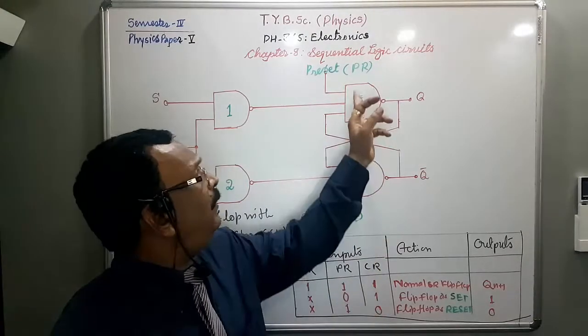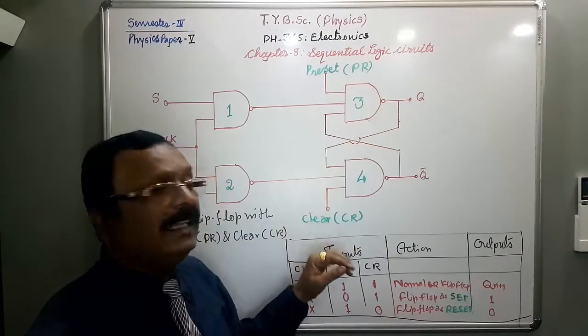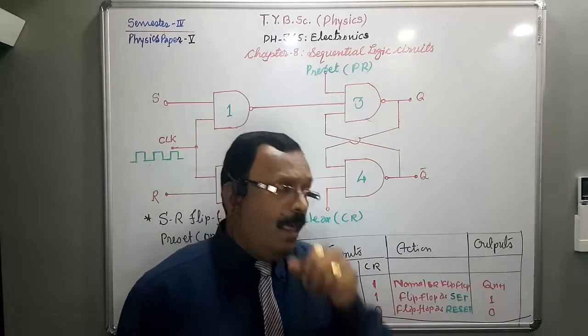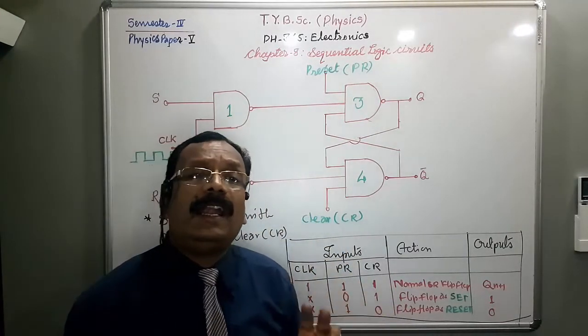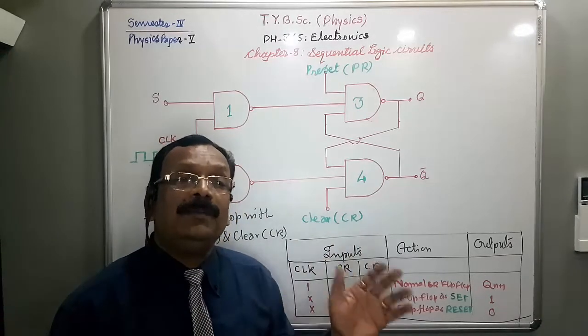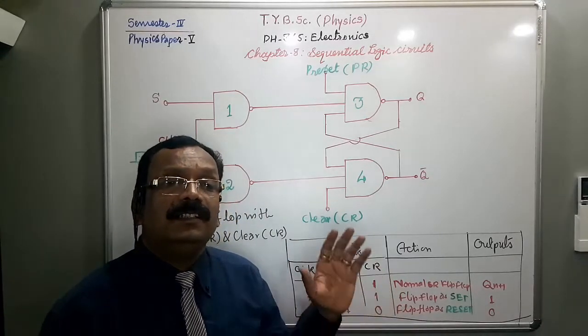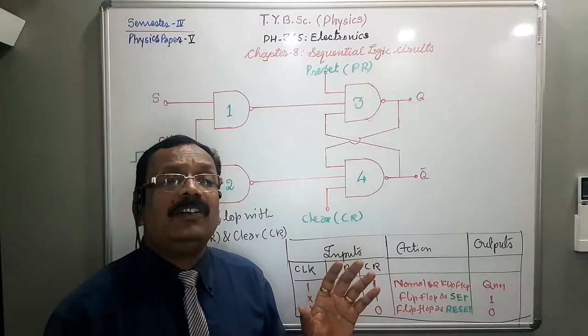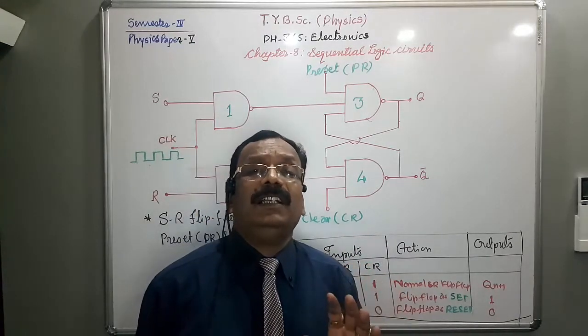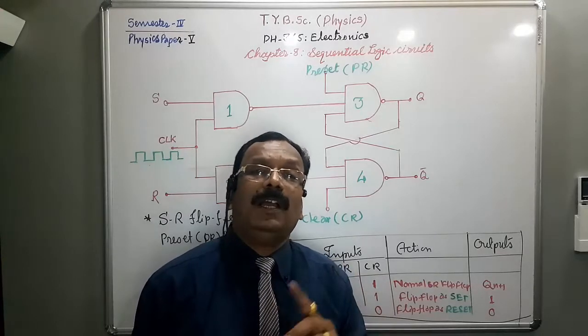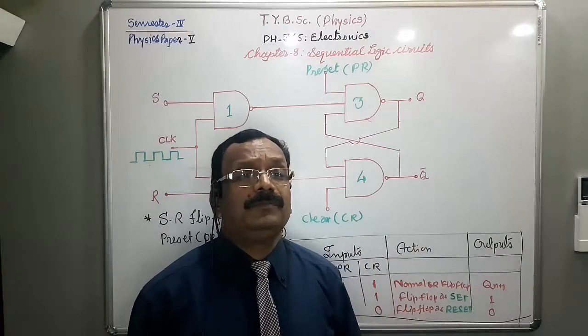Preset is abbreviated by PR and clear is abbreviated by CR. So these are the two newly added input terminals in a flip-flop in order to initialize the setting of the output in a practical way.